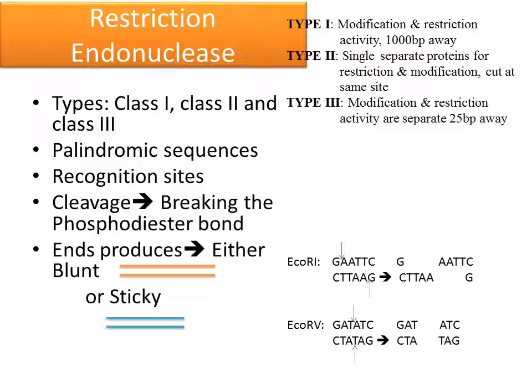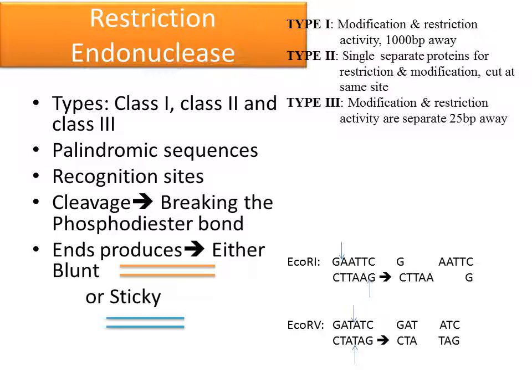Now, in the bottom portion you can see that EcoR1 has a restriction endonuclease recognition site of GAATTC. So on the other strand, if you read it from 5' to 3', again you will find GAATTC. Now, which phosphodiester bond does this break?